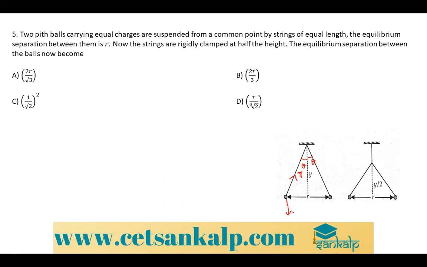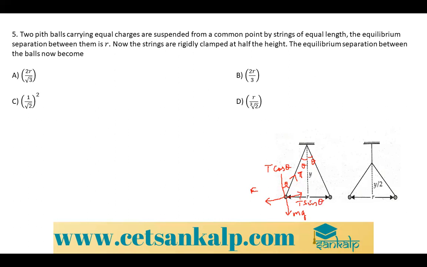The weight goes downward, mg, and the force of repulsion F acts in the opposite direction. So this becomes T cos theta, and the horizontal component is T sin theta.